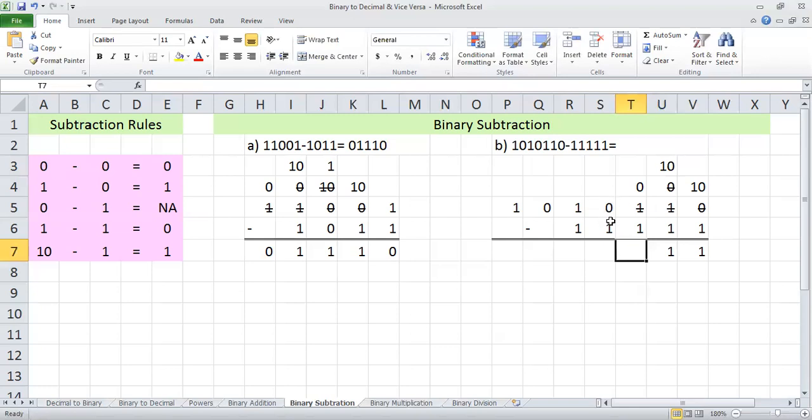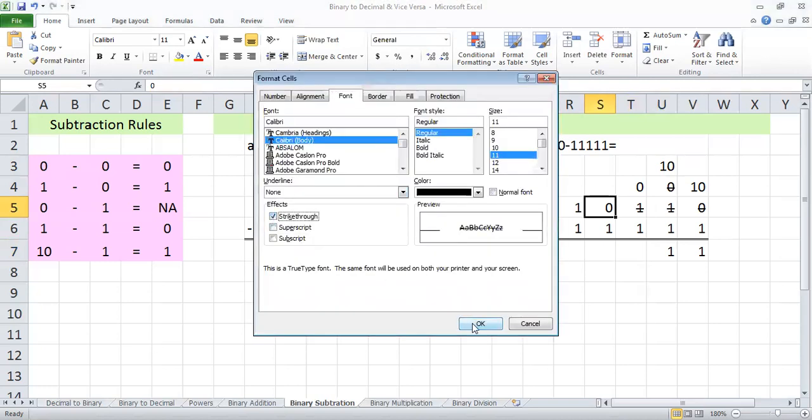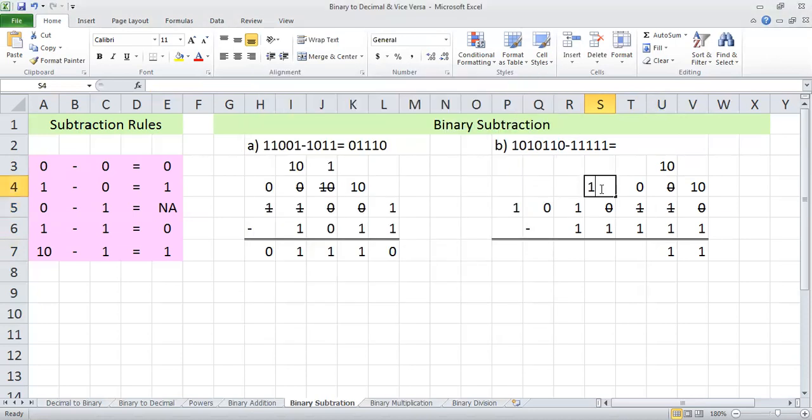But the next number is again 0. So it will take a borrow from here. If this takes a borrow from the next number, it will become 10 now. And because 10 has to give a borrow to the next number again, 10 will become 1 now.